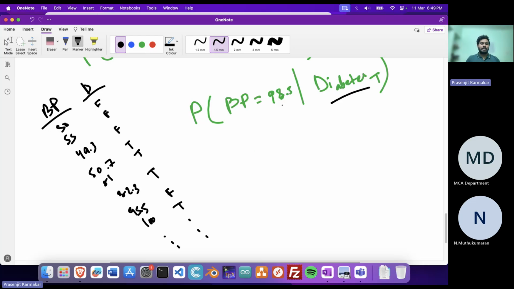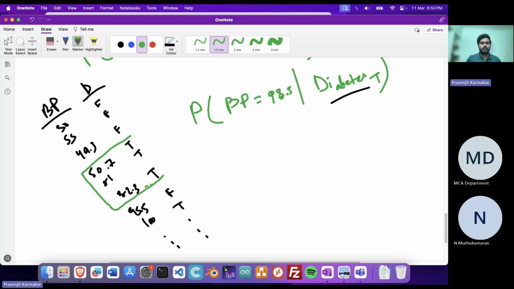Let's say there are 100 employees, and let's say 30 people left their job. What is the probability that a person who left their job has age 65, like this?